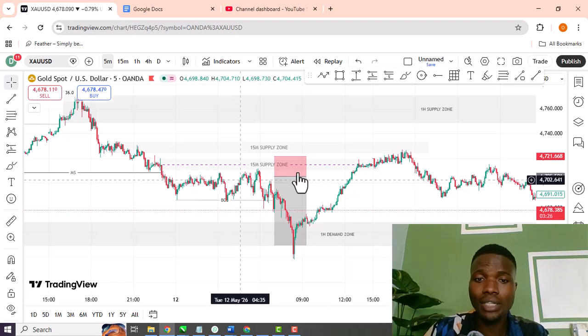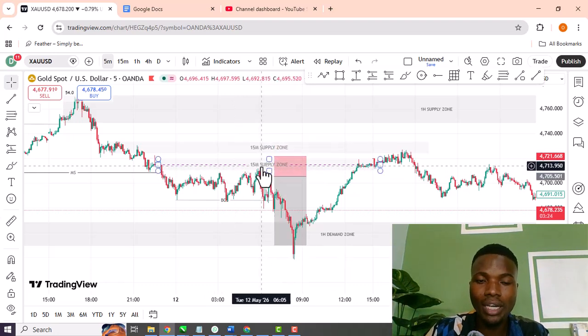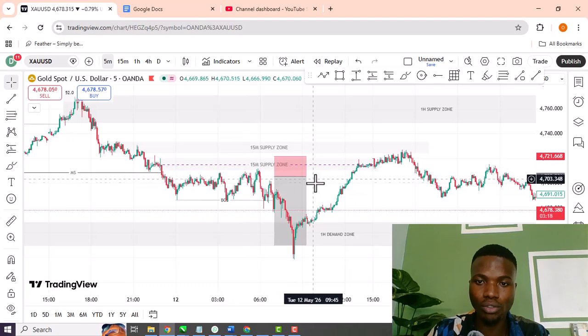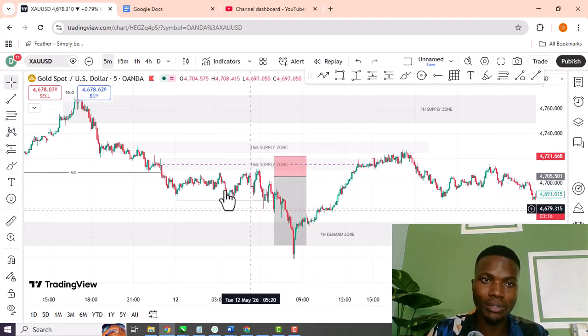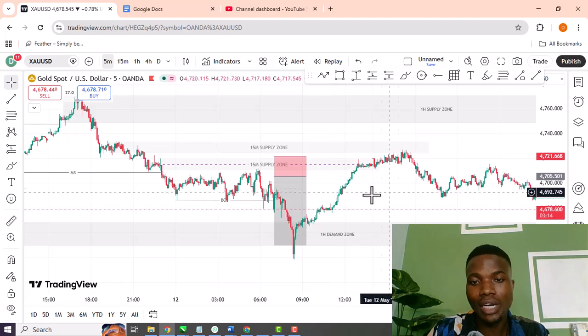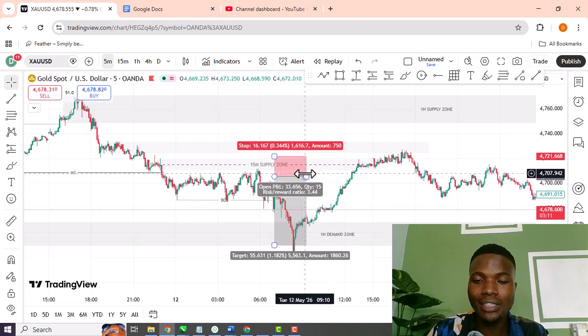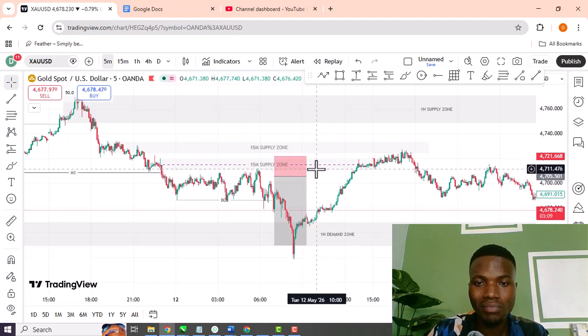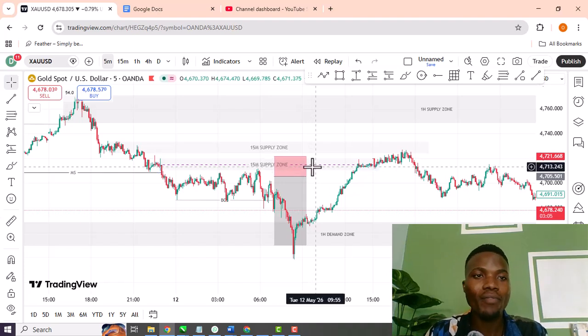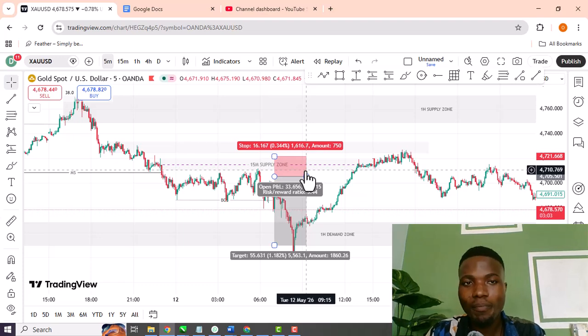That was yesterday night. I thought that price might come all the way to this 15-minute supply zone and reverse to the downside again, but eventually I exited the trade around this zone. I lost this trade, and it is what it is.